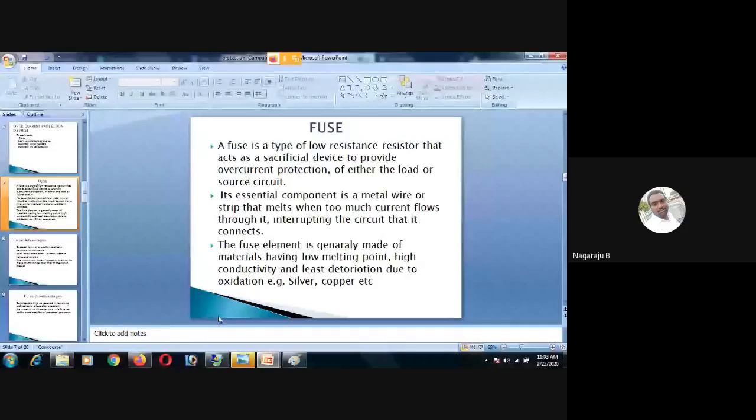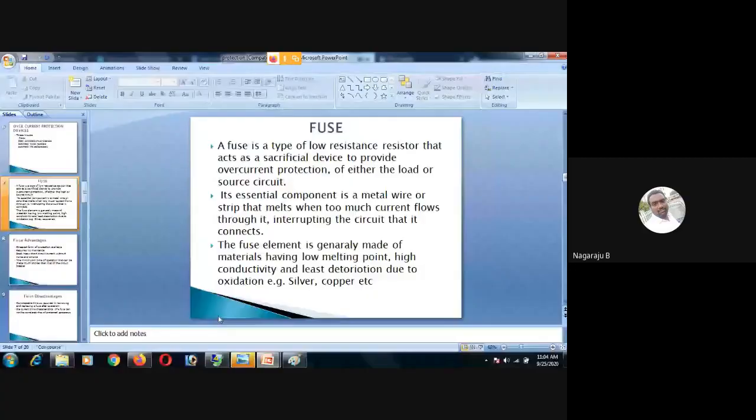When overcurrent is passing through that conductor, it will automatically heat and destroy that conductor by breaking it, in the event of overload or short circuit condition. All of you remember this.